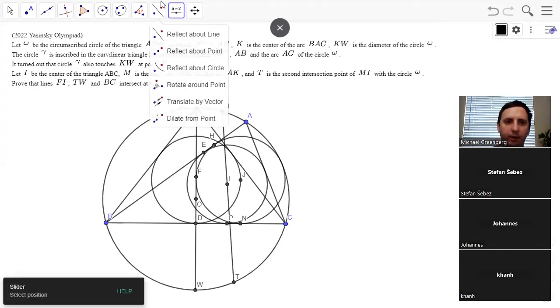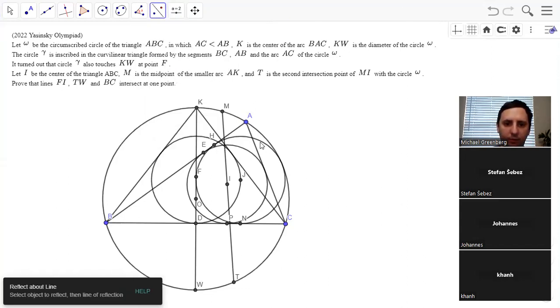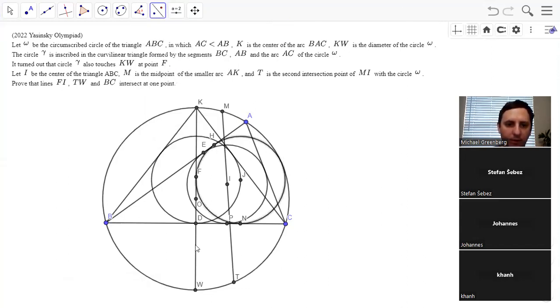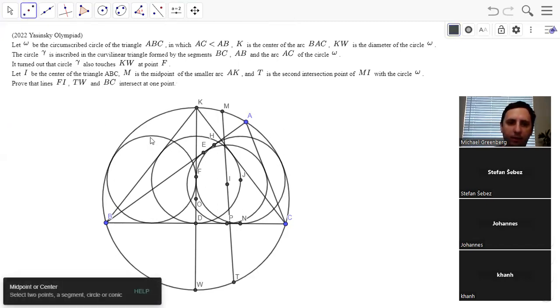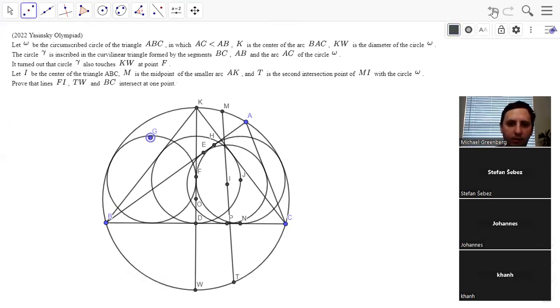So if I took this circle and reflected over KW, that should be the curvilinear circle on this side, and the centers of these three circles have to be collinear. So G, F, and J would have to be collinear, so F would have to be the incenter of KBC. Is that argument correct?